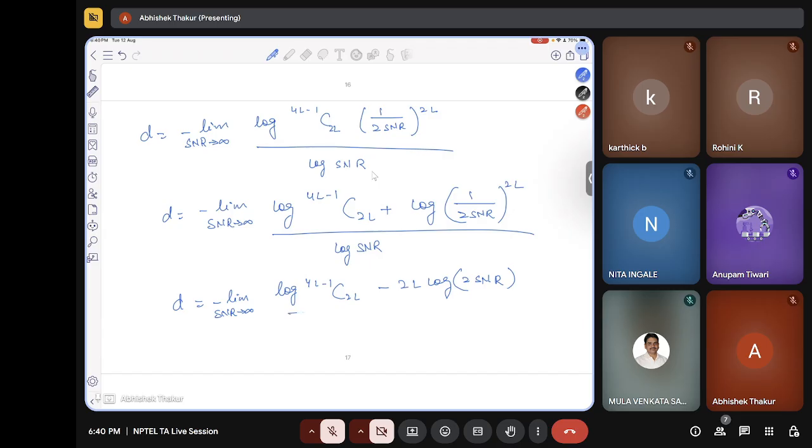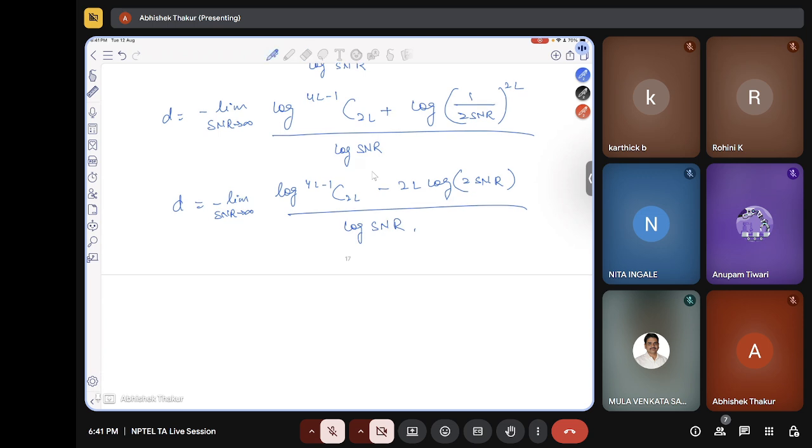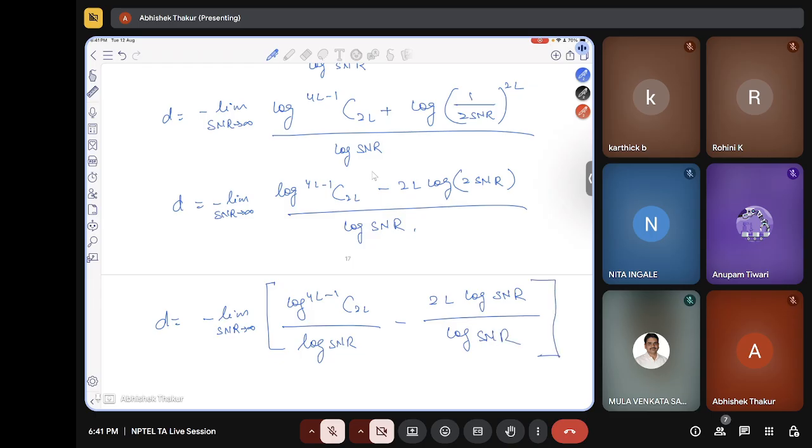Now here SNR is tending to infinity, so we divide it into two terms: log (4L minus 1 C 2L) divided by log SNR, minus 2L log of 2 SNR divided by log SNR.